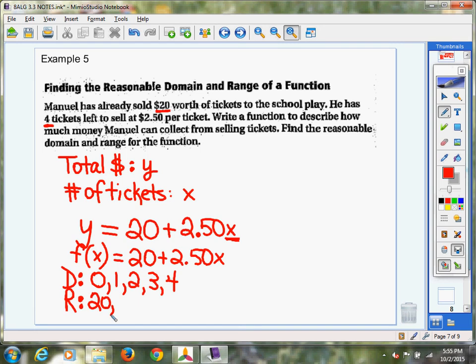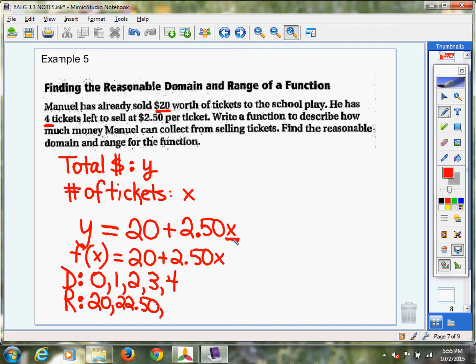Now, what if he sold 1 ticket? So we're going to put the 1 right here for that x. What's 1 times $2.50? $2.50. Add that to your $20 that he already had. And what do you have? $22.50. That's right. Well, what if he sold 2 of the 4 tickets? Well, what's 2 times $2.50? $5.